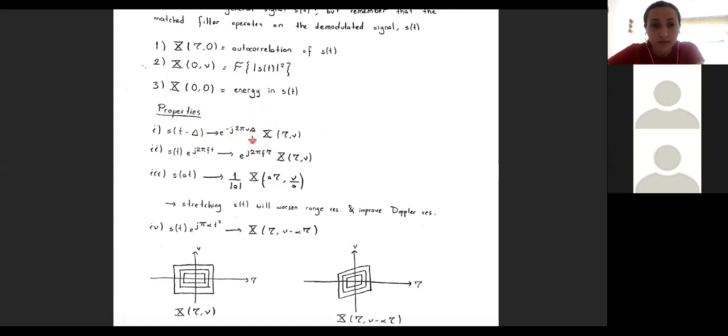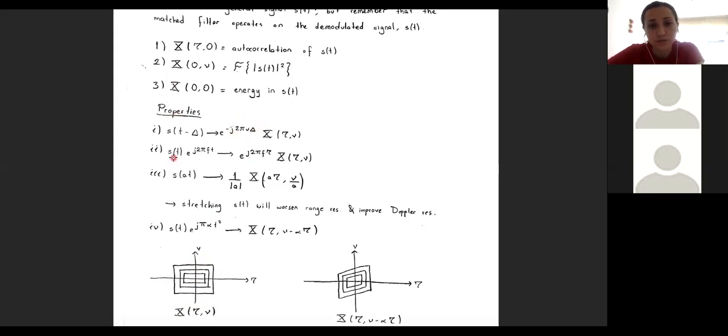This term is actually what you can expect. This is a complex exponential with respect to the v variable. Remember that a delay by an amount of delta in time domain causes a frequency shift of delta, and remember that the frequency content is carried over the v axis. So that's actually what you see here.